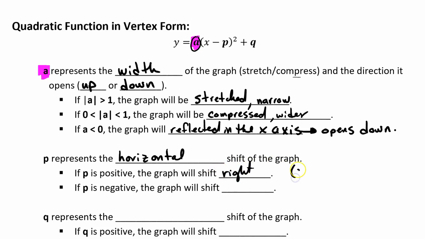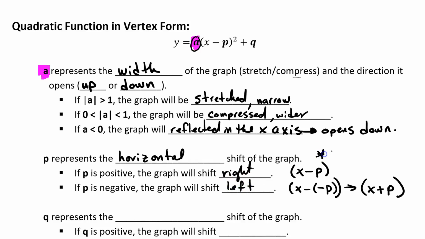So that means we have something that looks like x minus P. Now it feels a little counterintuitive because the P is positive, but it's a subtraction, so it looks like the P is negative. But if the P is negative, meaning if we have an x minus negative P, so if we have actually something that results in x plus P, the graph will shift left.